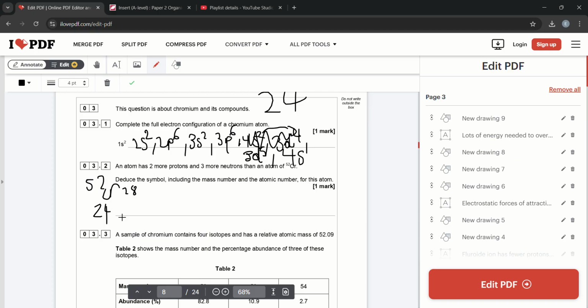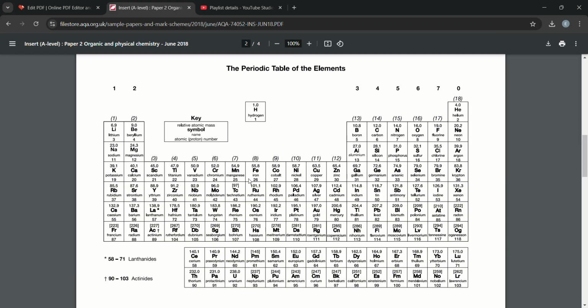How many protons? 24 protons. This atom that we want to deduce a symbol for has 2 more protons and 3 more neutrons, so it's going to be 31 neutrons, 26 protons. The easiest way is to look at the bottom number, and it should be 26.